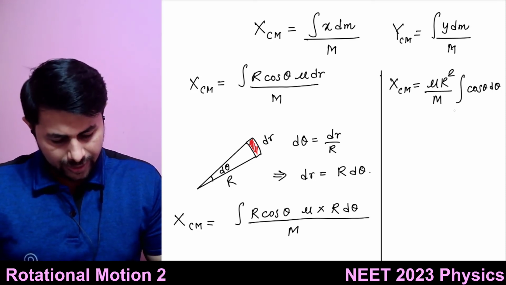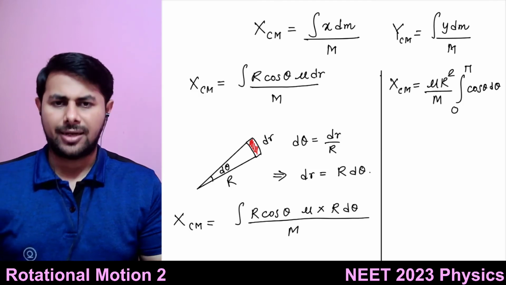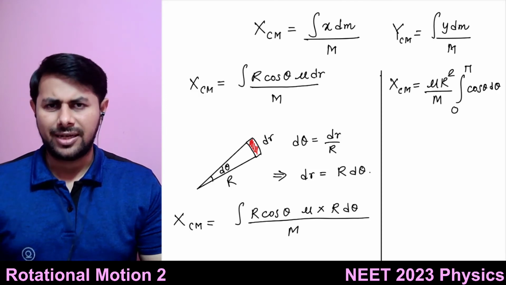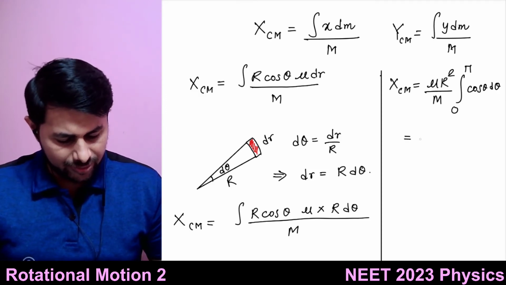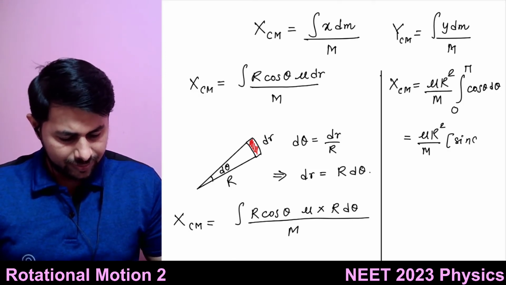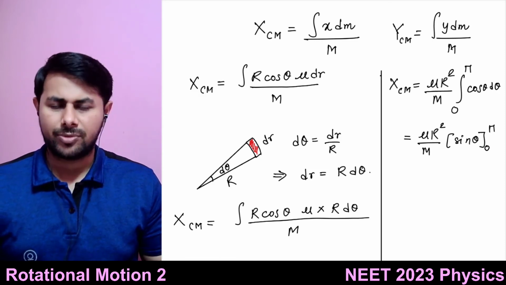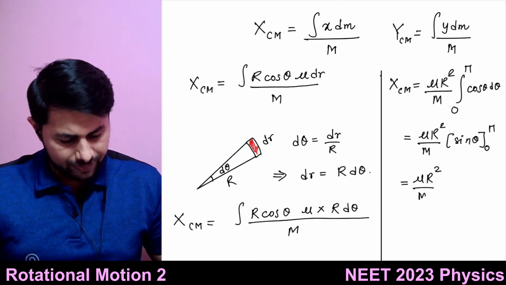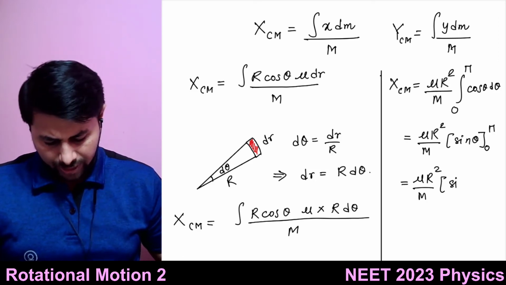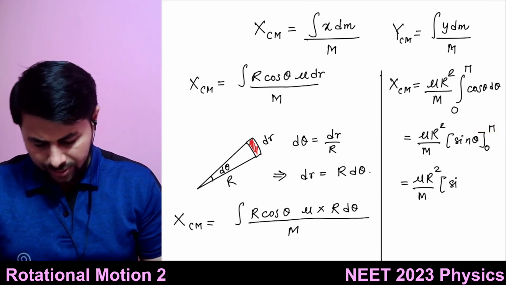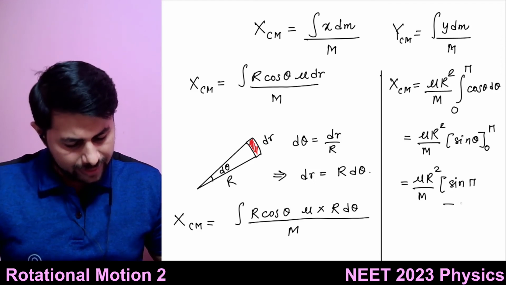The angle will change from 0 to pi. What is the integral of cos theta? Sin theta. So it is mu r square divided by m times sin theta, with the angle changing from 0 to pi. Putting in the upper limit pi and lower limit 0, it is sine of pi minus sine of 0.